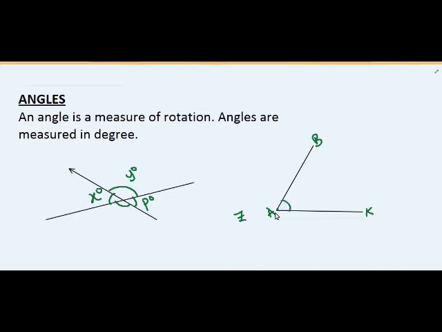So angles are formed when two or more lines meet, like in this case where we had so many lines meeting to form this angle. The point where the angle meets is called the vertex. This is called the vertex. I think I gotta highlight this so your mind can always get on this. This is the vertex.